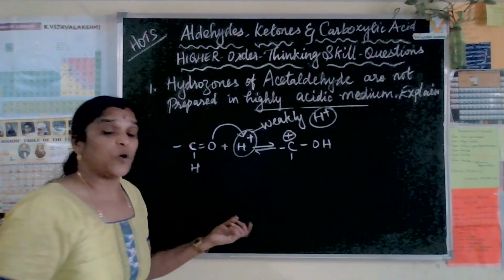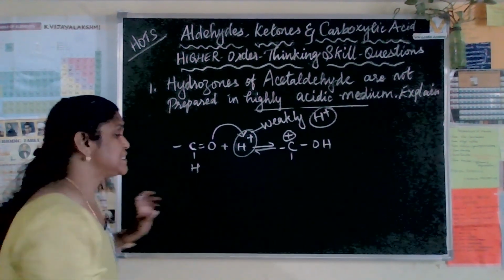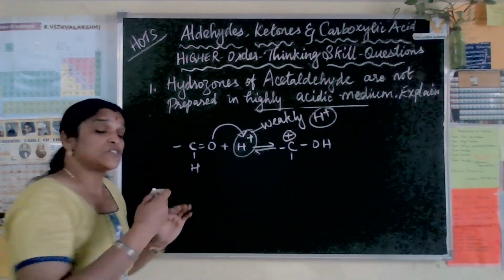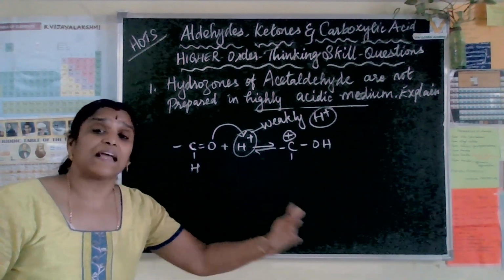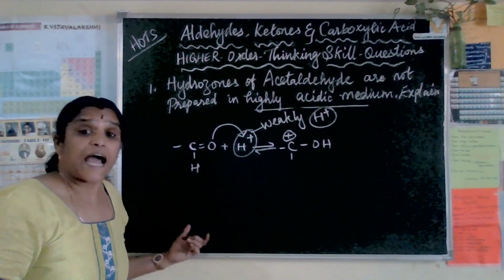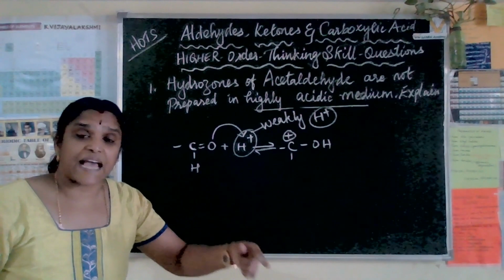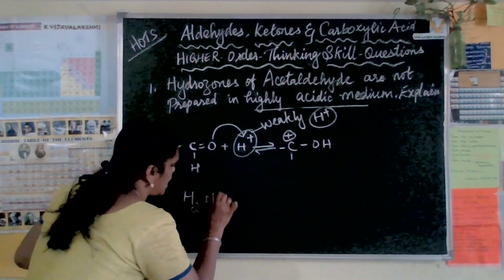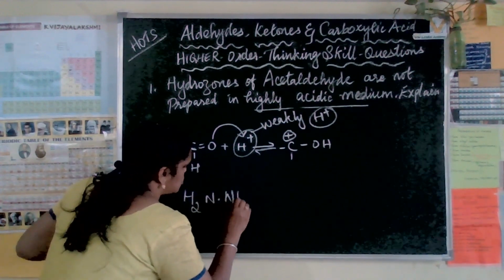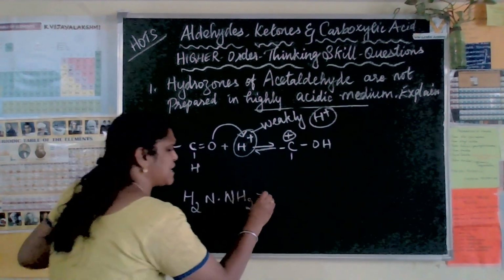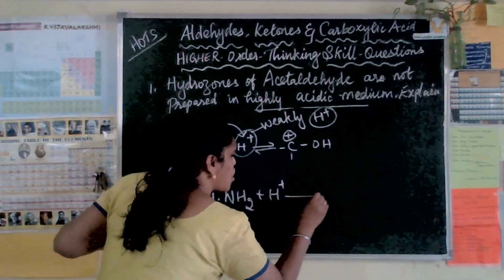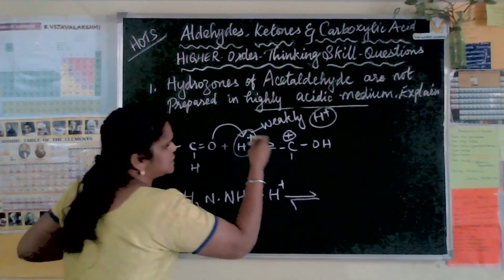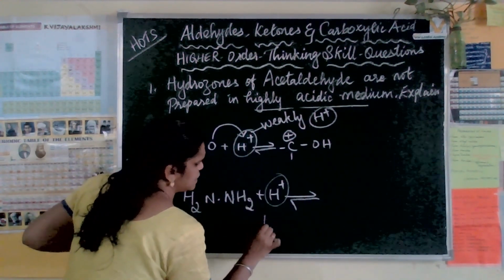Now suppose we are using strongly acidic medium, what will happen? The strongly acidic medium will directly react with hydrazine. That hydrazine, H2N-NH2, is basic in nature. So it reacts with the strongly acidic medium.